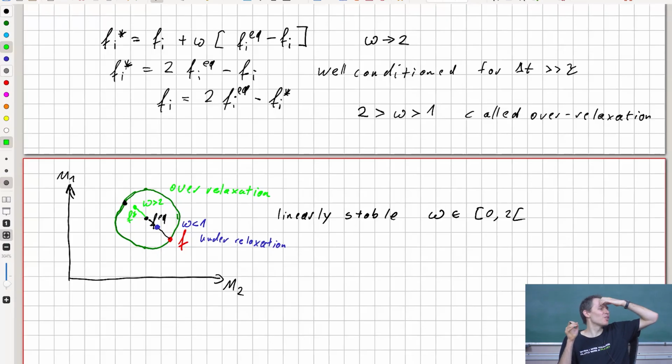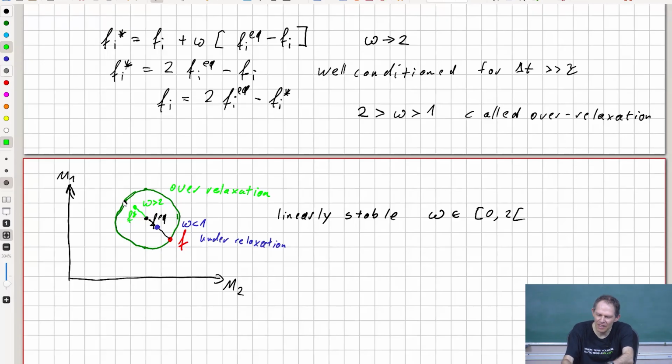So the time step would be shorter than the time between collisions. If you do over relaxation, your time step is longer than the time between collisions. And the amazing thing is that this works and gets pretty close to an infinite time step, because we have an implicit collision operator.